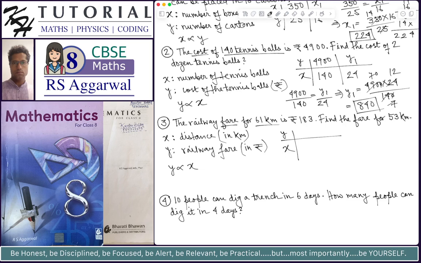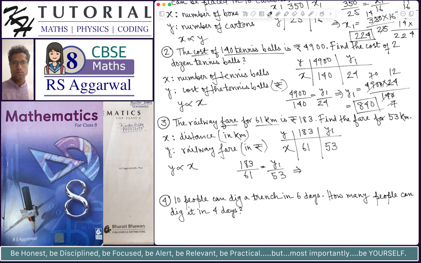So it is given that the fare for 61 kilometers is 183, and it is asking to find the fare for 53 kilometers. So let us assume that the railway fare for 53 kilometers is y1. So we must have the ratio y by x constant for all the corresponding values. So 183 divided by 61 is equal to y1 by 53.